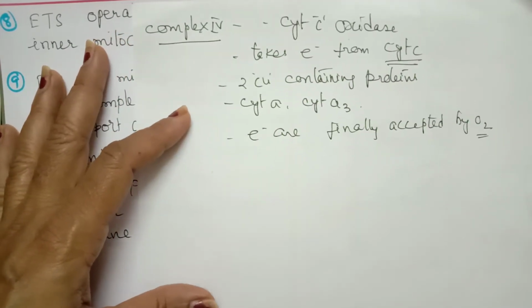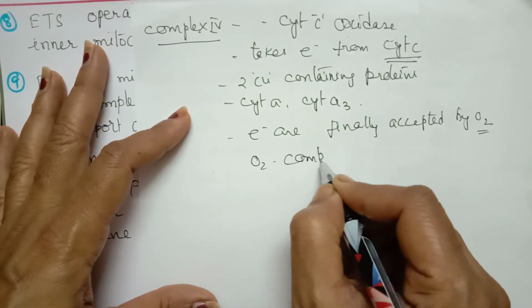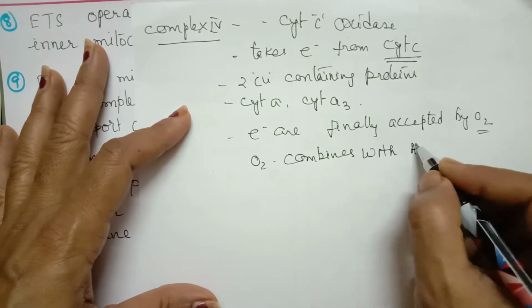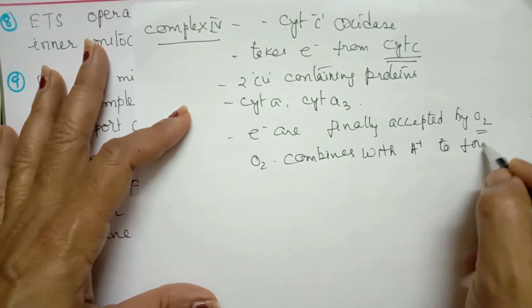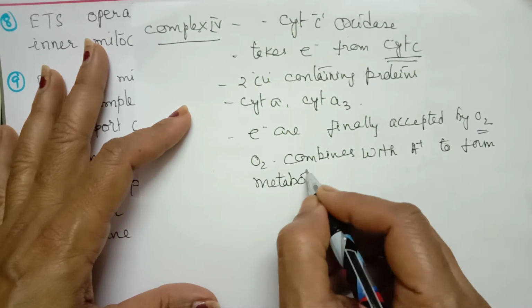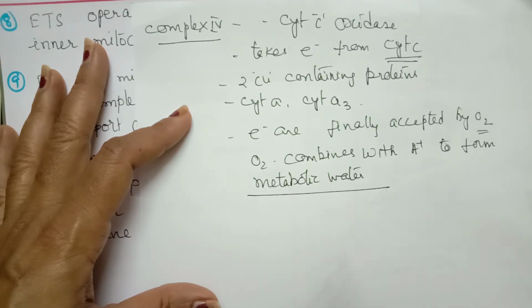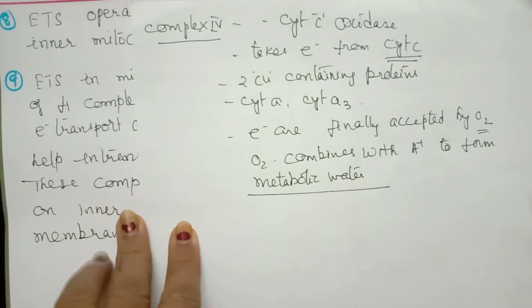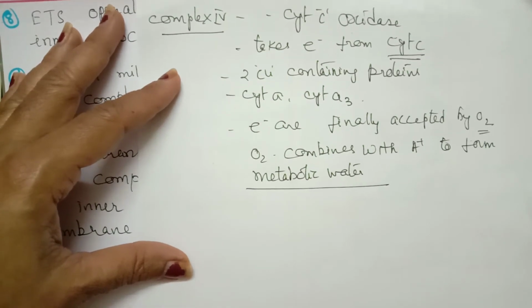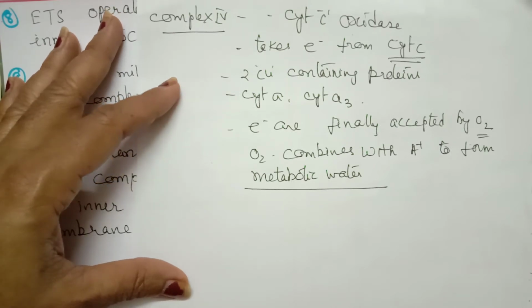And this oxygen combines with protons to form water at the end, which is called metabolic water. The water which is formed at the end of electron transport system is called metabolic water. So that is the function of complex 4. The main function of complex 4 is formation of metabolic water.